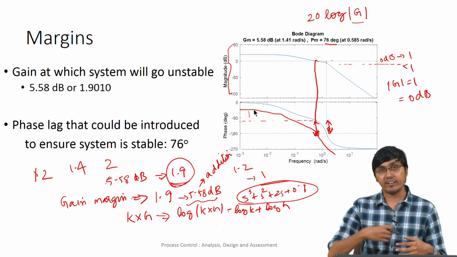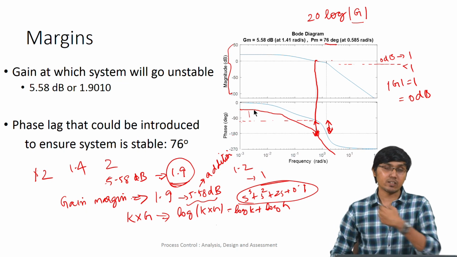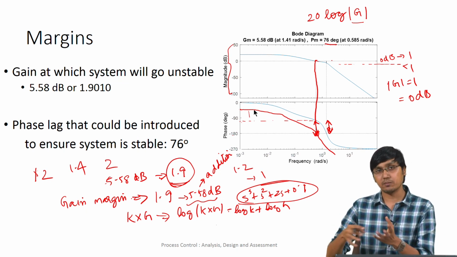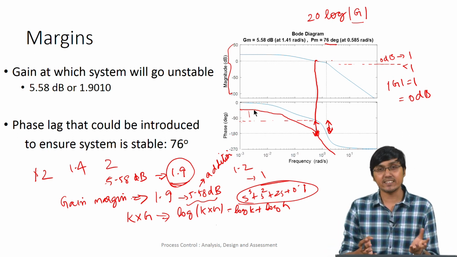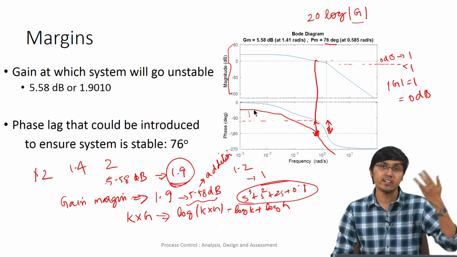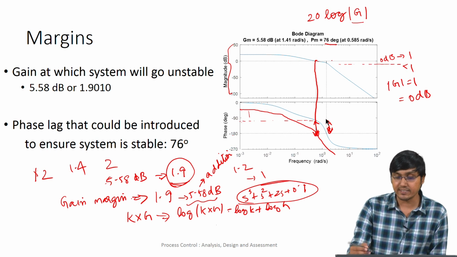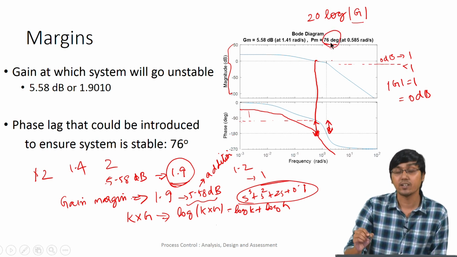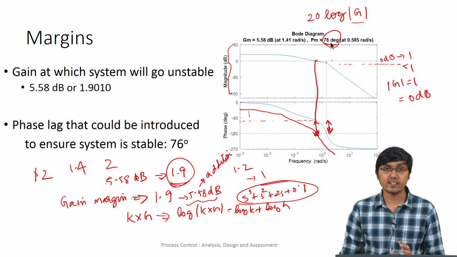Or when the system is operating it can go to some other operating point, and at that operating point the system's model will be something different, because essentially we take a nonlinear system and linearize it. So at different operating points it will be different systems. So basically we can accommodate 76 degrees. 76 degrees will be the phase lag that I have to add to make the system unstable. That is what is called the phase margin.